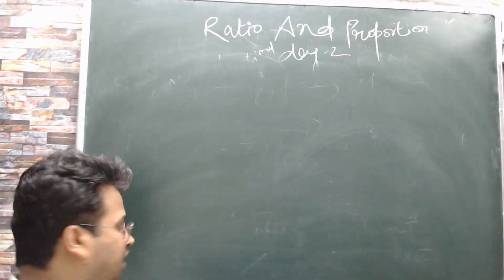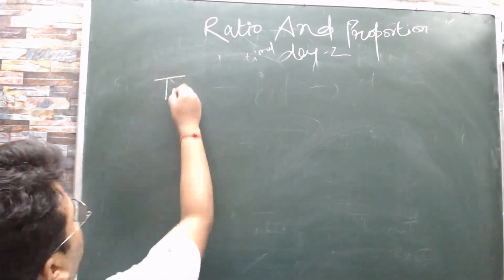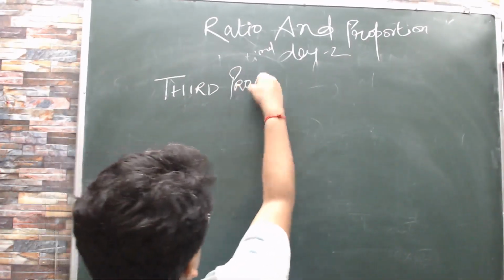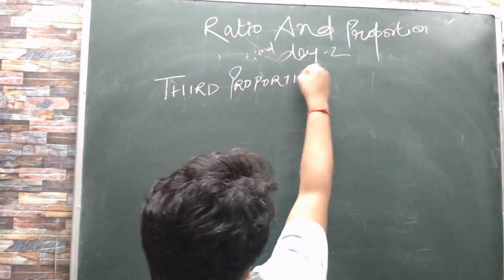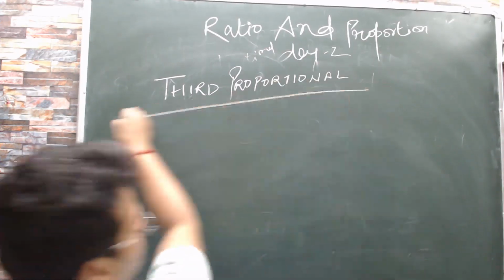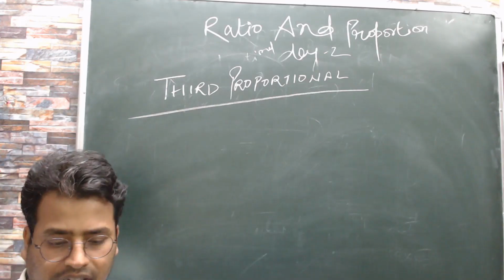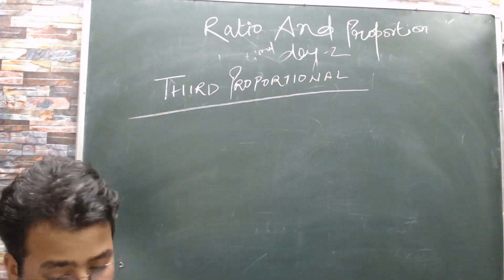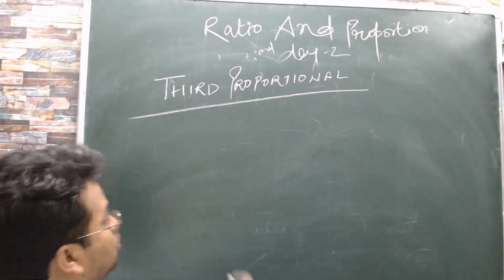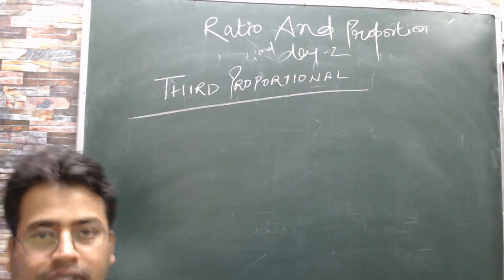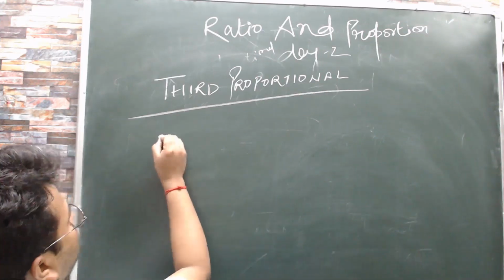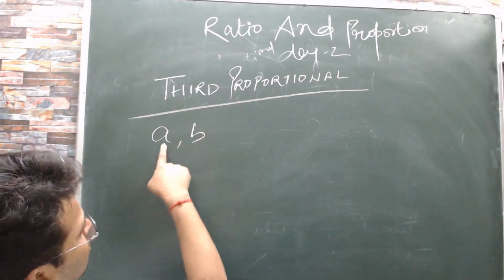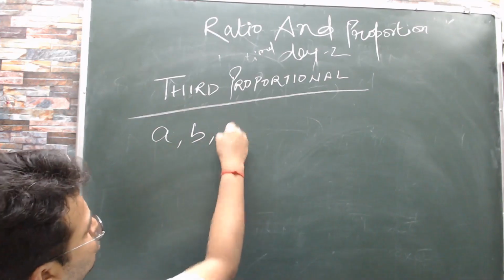Right. So find the third proportional. How can you find the third proportional? To find the third proportional, you must be given two numbers. Suppose you are given A and B. B is the second, and the third proportional will come here.